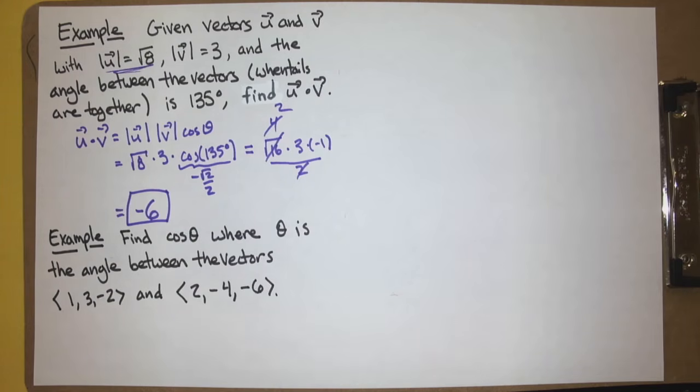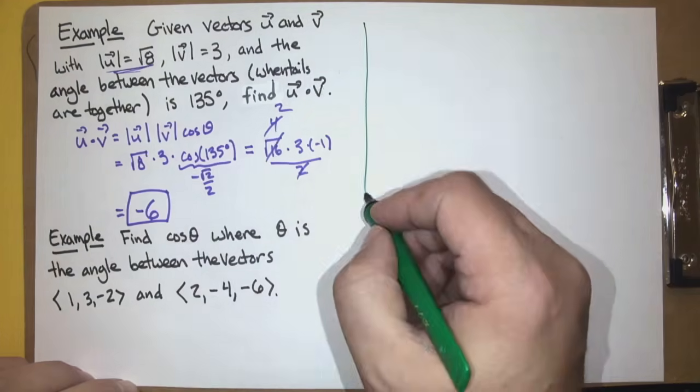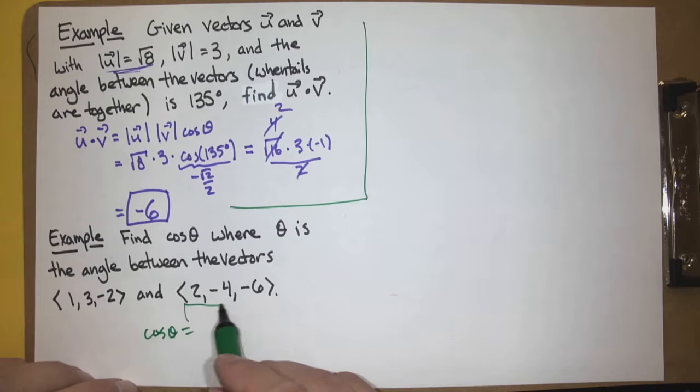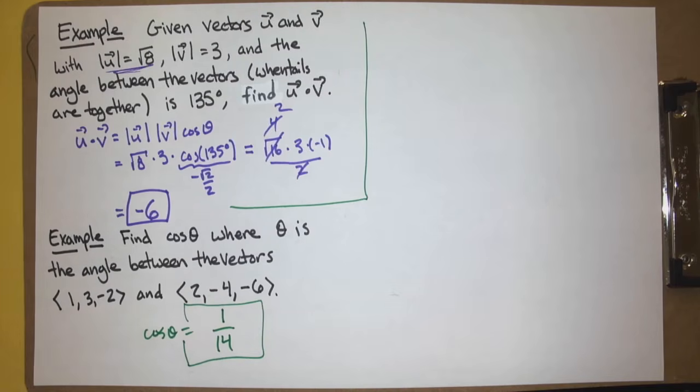Do we have any answers? Cosine theta equals 1 over 14? Okay. I don't know. I haven't done it yet. Could be. But there's an answer.